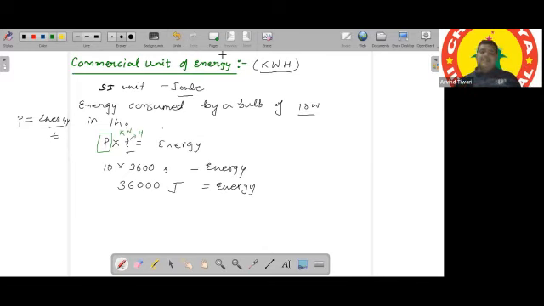Let's understand. Energy will be written as power into time. And I just said that you have to take your power in terms of kilowatt and time in hour. So the energy consumed will be kilowatt hour.